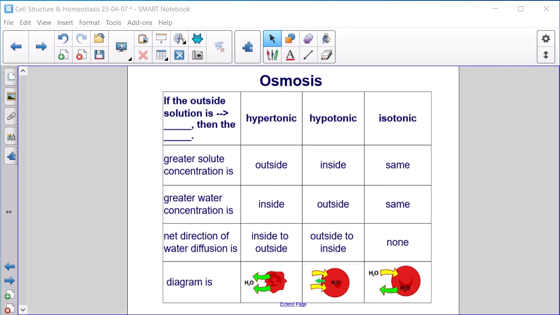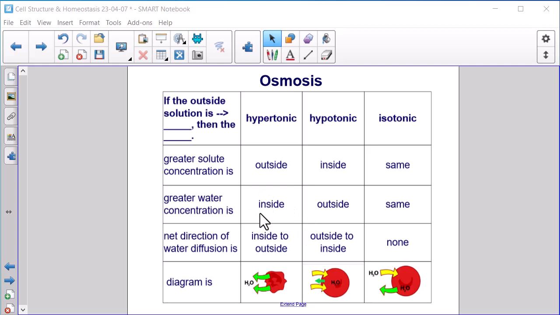Let's look at some conditions both inside and outside the cell and talk about what the net direction of the water would be, or what the net direction of the osmosis would be. So, if the solution outside of the cell is hypertonic, then the greater solute concentration is outside of the cell, and the greater water concentration is inside of the cell.